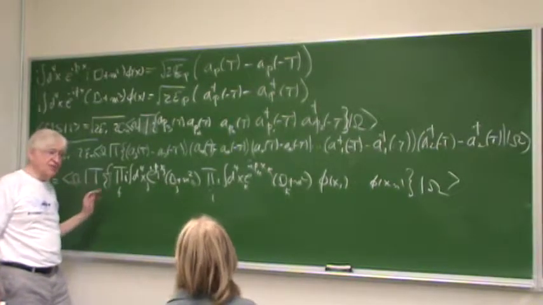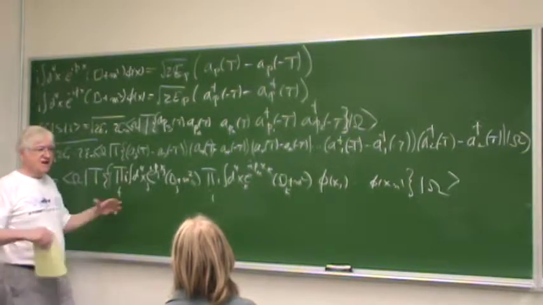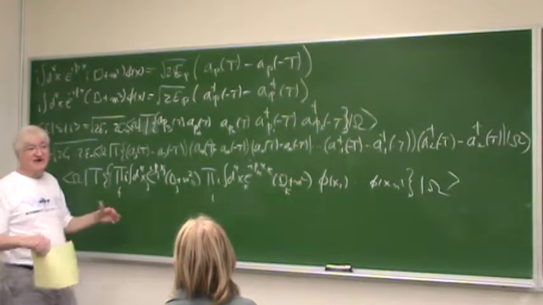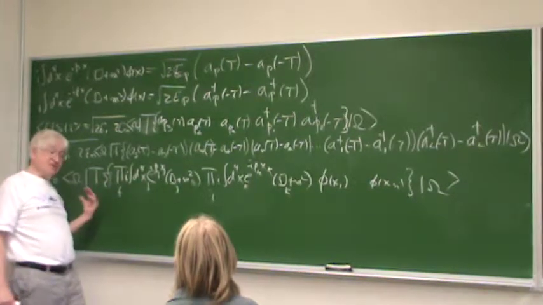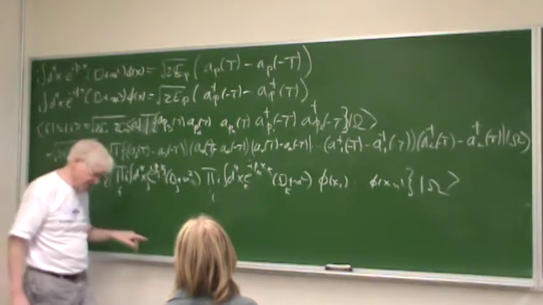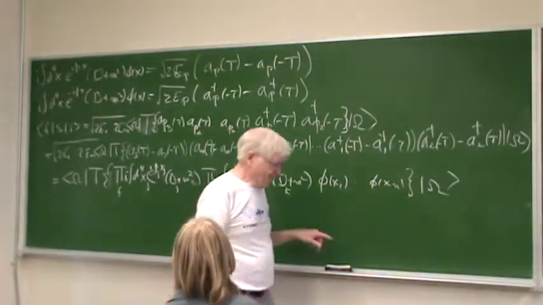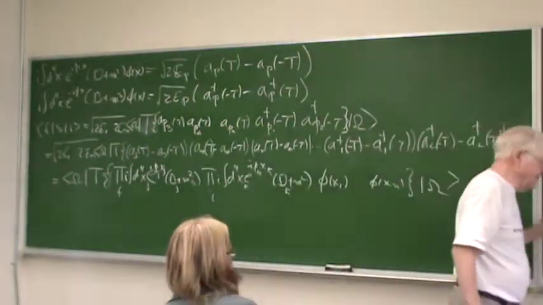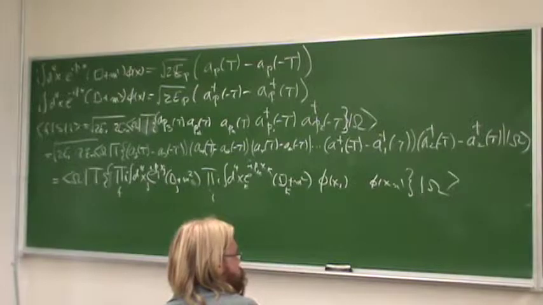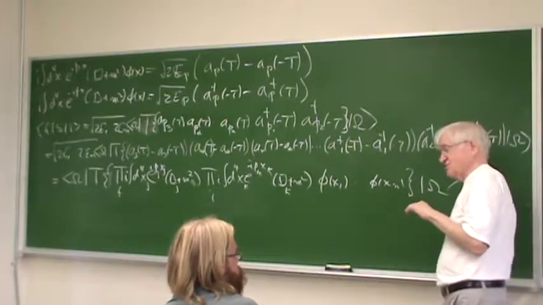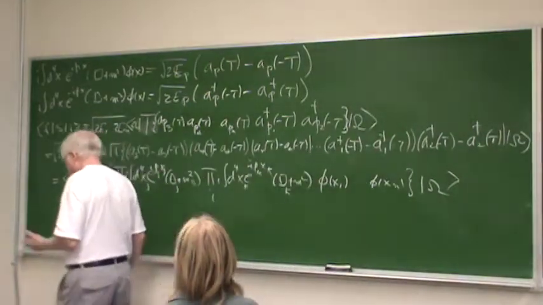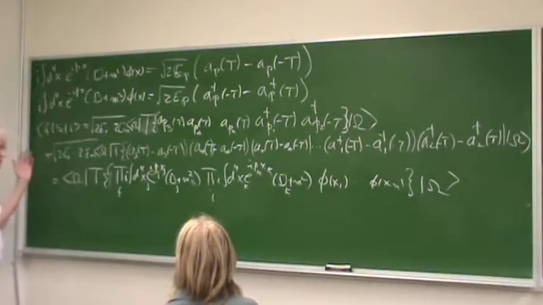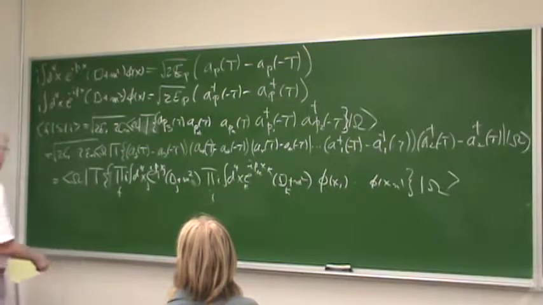A time-ordered product is a sum of things times products of theta functions of time, so it's not really legitimate to do what I'm about to do. But the errors that this operation introduces are just what are called contact terms, and they don't affect the S matrix. We'll be talking about them in a later chapter.